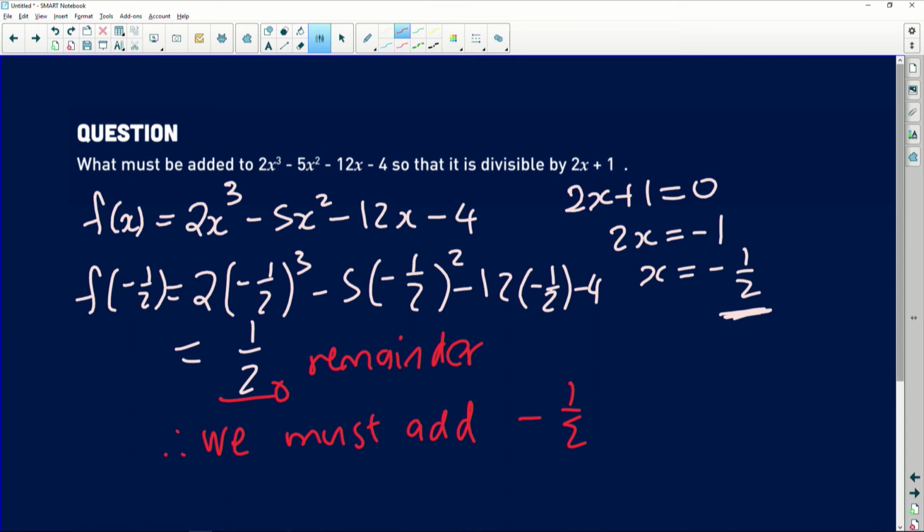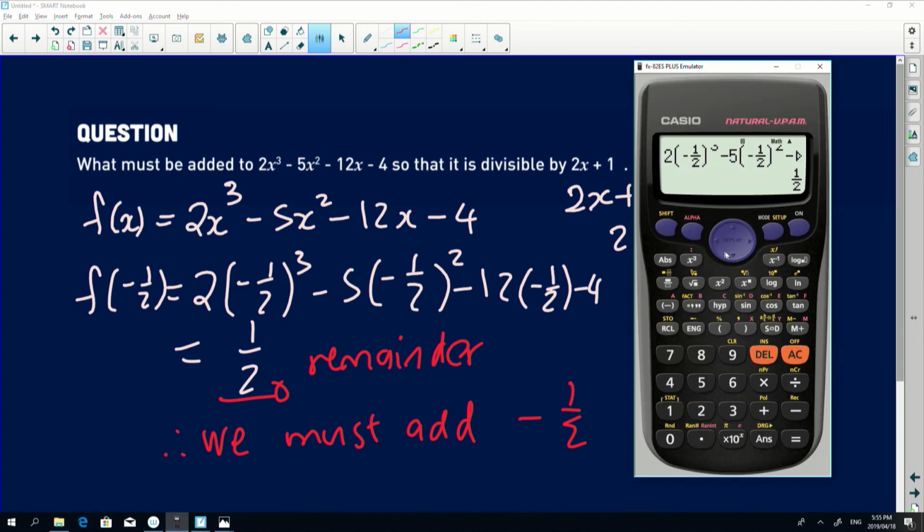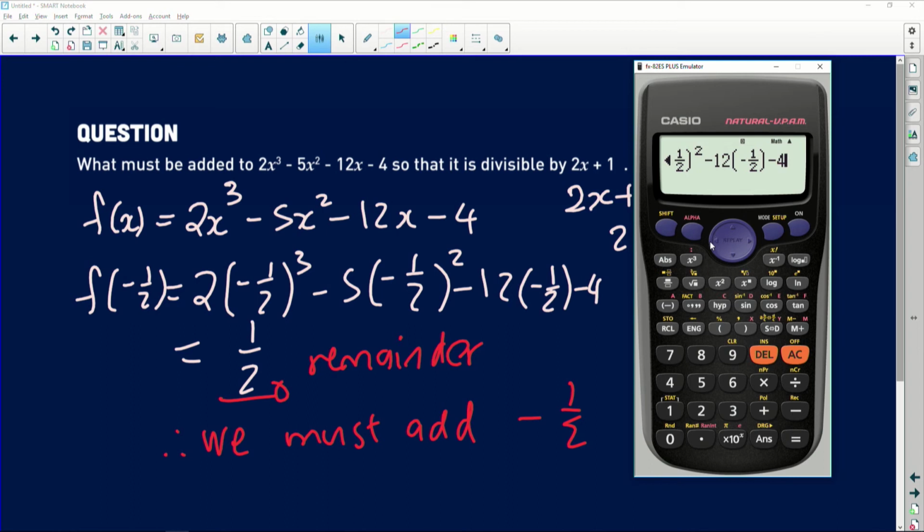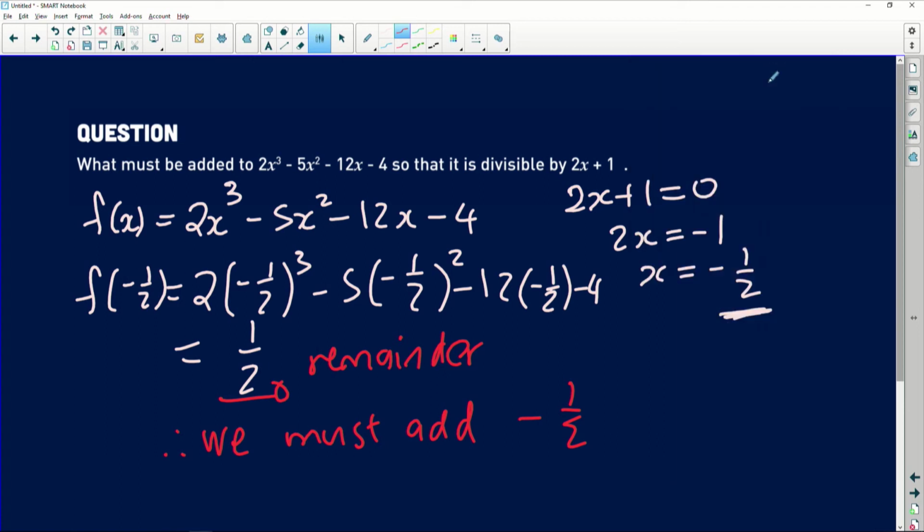That's actually the answer. If I come back and subtract that minus 1 over 2, then it becomes a 0. So that's what we had to add in order to find our answer here. So very interesting question.